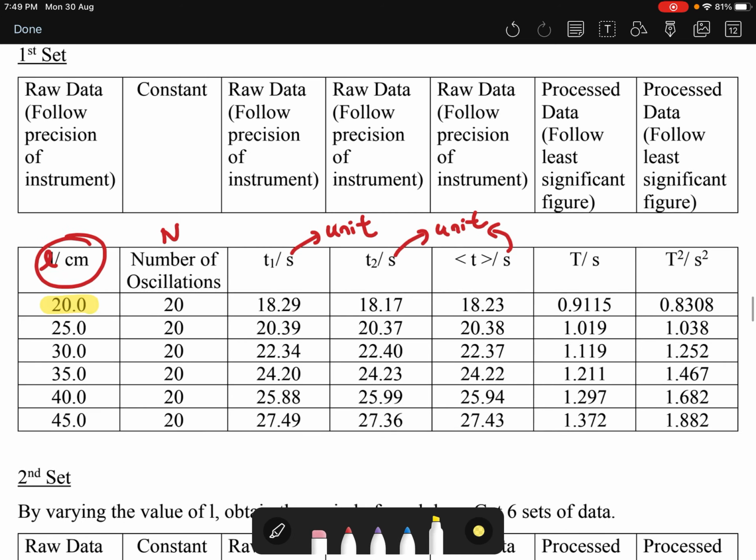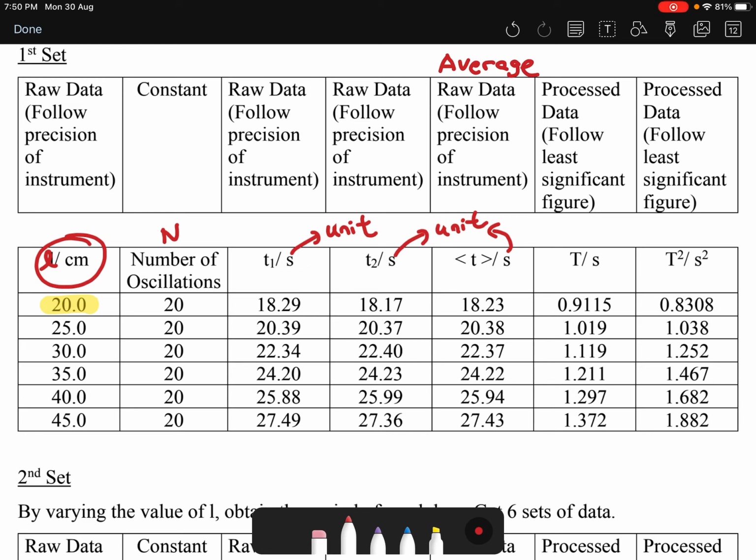Next will be the average. The average is also considered raw data. Although we know something plus something divided by 2 seems like process data, actually it's an average of your raw data. So just remember this. You follow the precision of the instrument again, which is the stopwatch. Next will be period. Period is different.